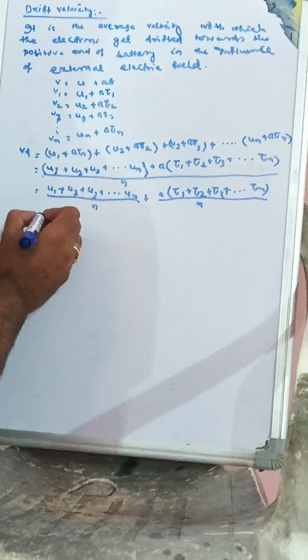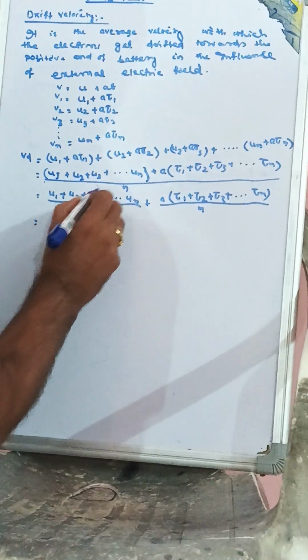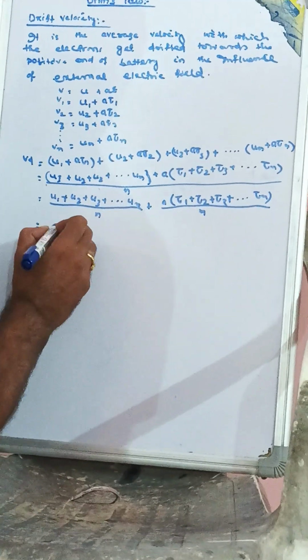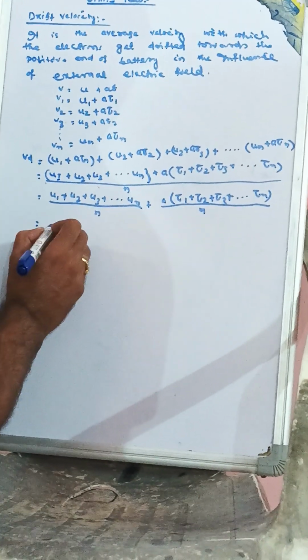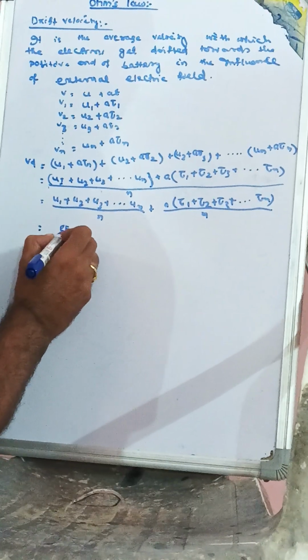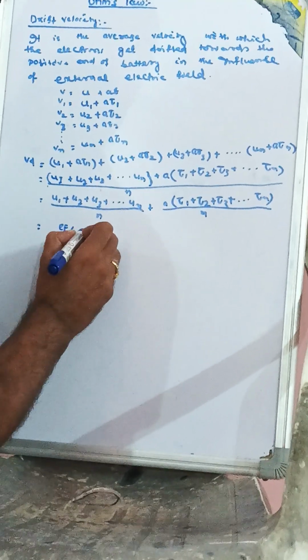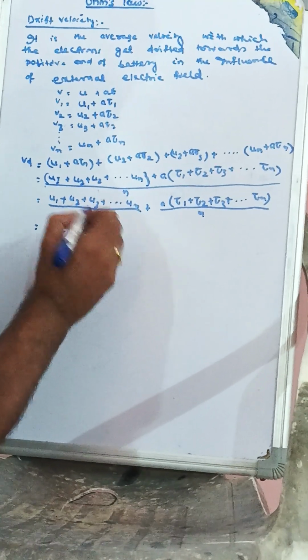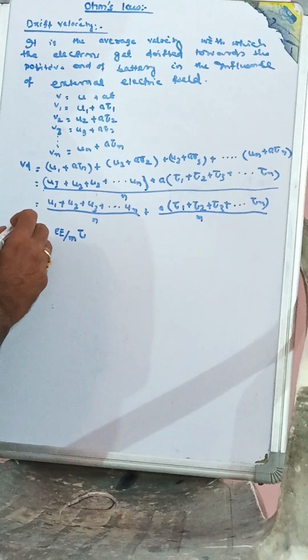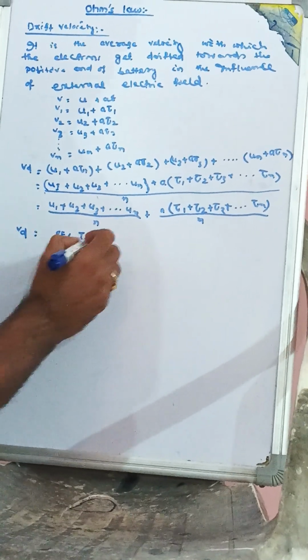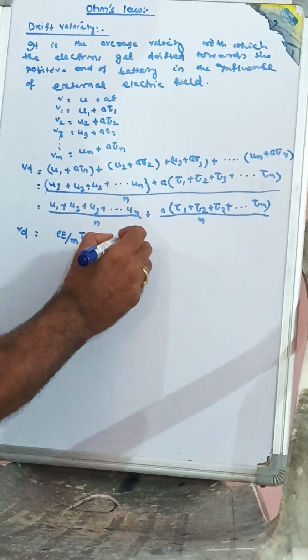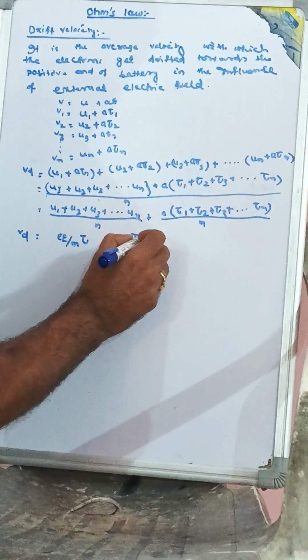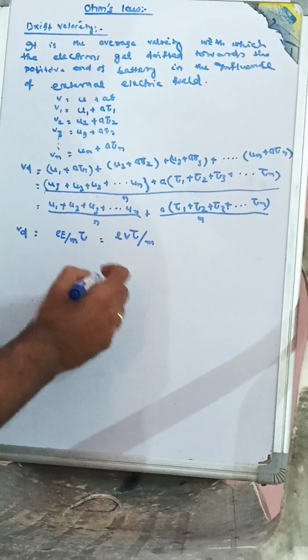Then this first part will be 0. This value will be E by m into tau. This is the drift velocity, or we can write eE tau divided by m.